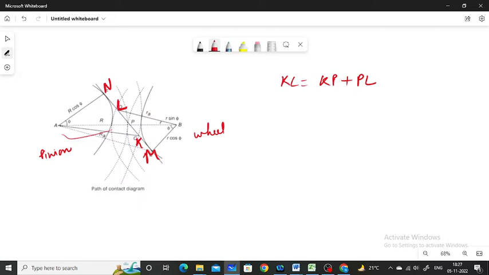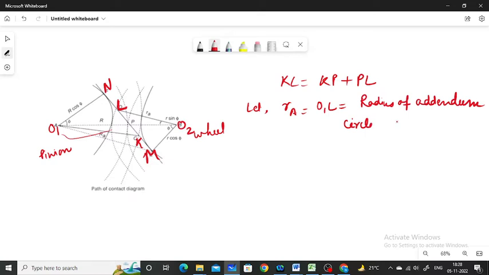Okay, so we do this derivation. Firstly we note down the notation: this is O1 and this is O2. Let small RA equal O1L, that is the radius of the addendum circle of the pinion.